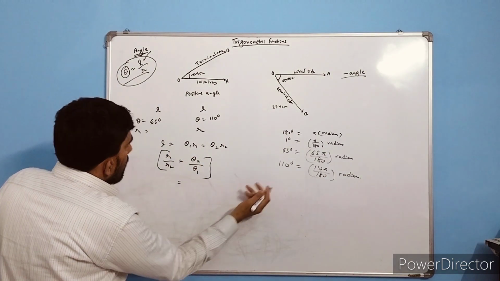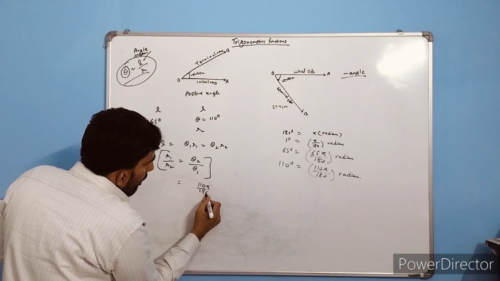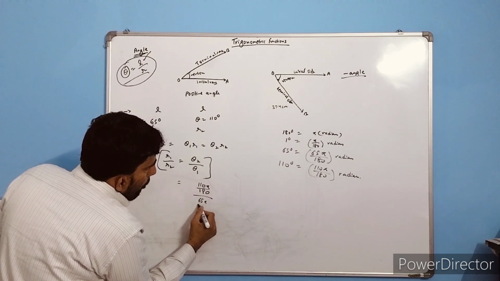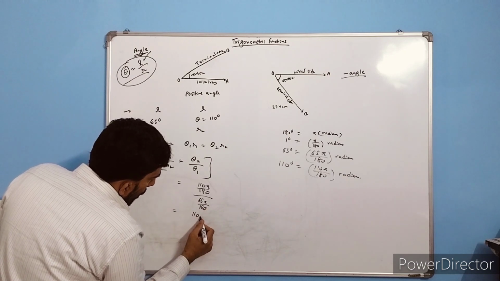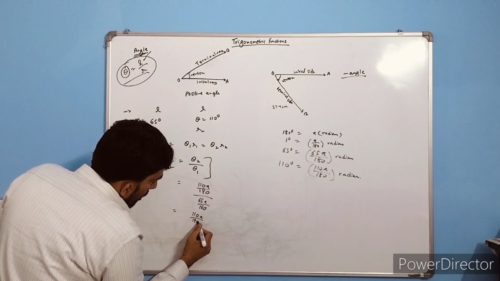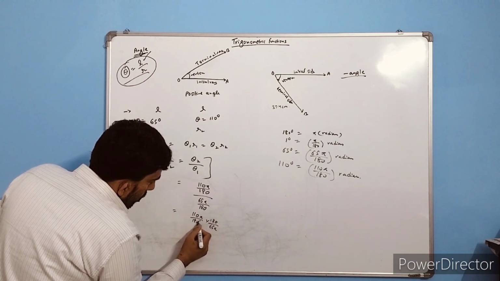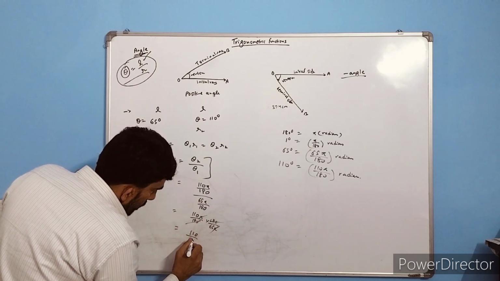We got theta 2 upon theta 1, that is 110 pi upon 180 into 180 upon 65 pi. So what I got is 110 upon 65.